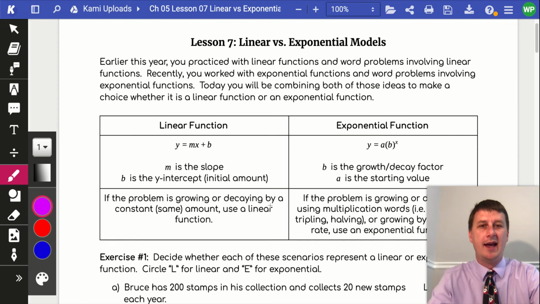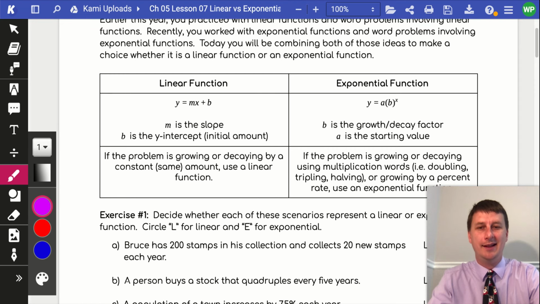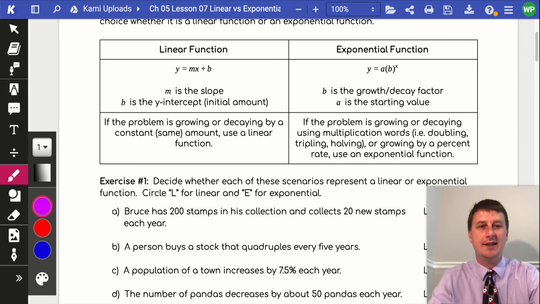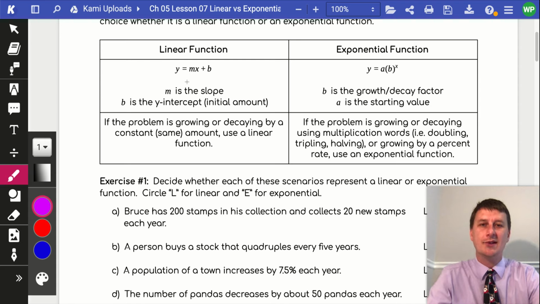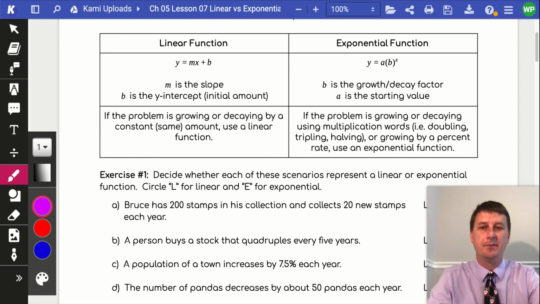So let's just recap on what we've learned about linear and exponential functions in this table provided. Linear functions are in the form of y equals mx plus b, where m is the slope and b is the y-intercept or the initial amount, while exponential functions are in the general form of y equals a times b to the x, where b is the growth or decay factor and a is the starting value, initial amount, or y-intercept.